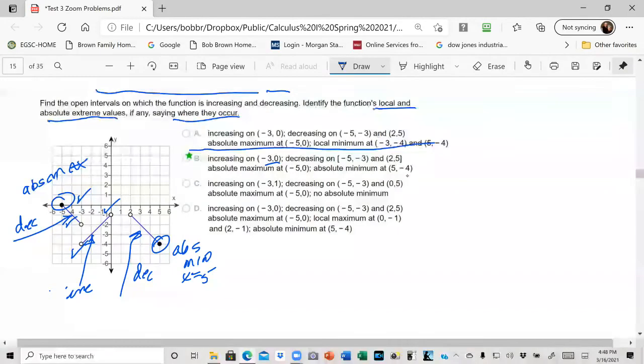Let's cut that out and do it right. So let's see if I can.